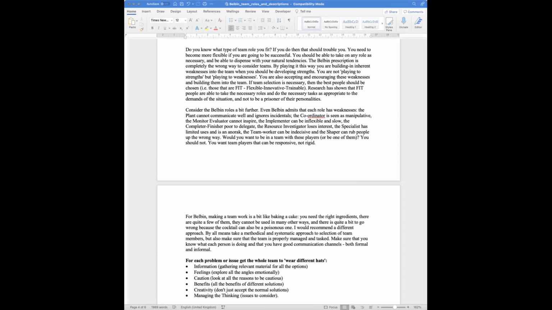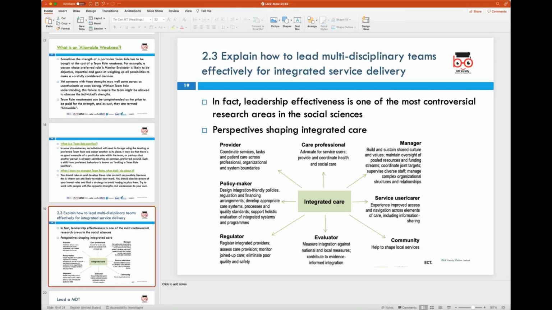Now, let's quickly go across to the third assessment criteria, which is about explaining how multidisciplinary teams can be led to deliver integrated care delivery. So let me switch you back to this slide, and this is where we will look at this. In the first instance, we've understood why and what skills are important, and what could be the strengths and weaknesses of the multidisciplinary teams.